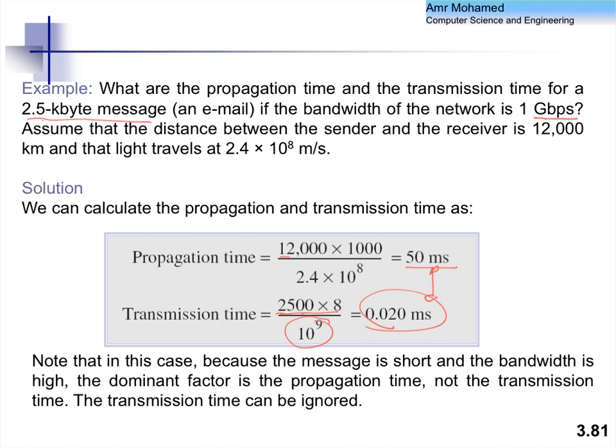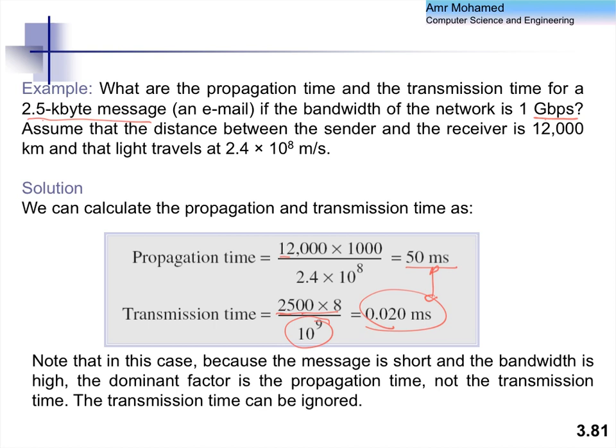But this is based on the fact that you are sending an email. So if the distance of this line gets much shorter, which is typically, the LAN is typically like 100 meters, right? So for 100 meters, in that case, the propagation delay becomes negligible compared to the transmission delay.